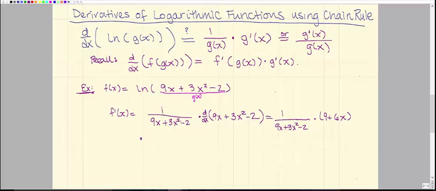And often we'll compress that, write it tidier, just by multiplying as 9 plus 6x, the derivative of the inside of the original function, over the original function's inside itself.